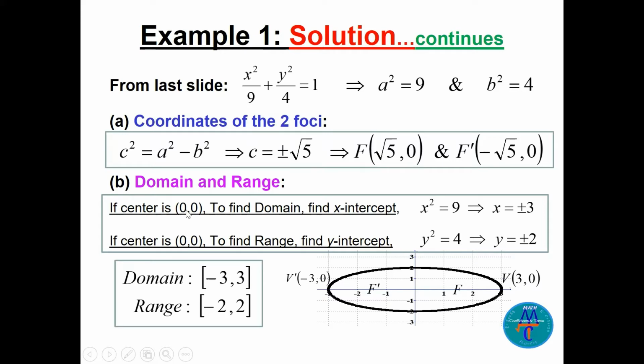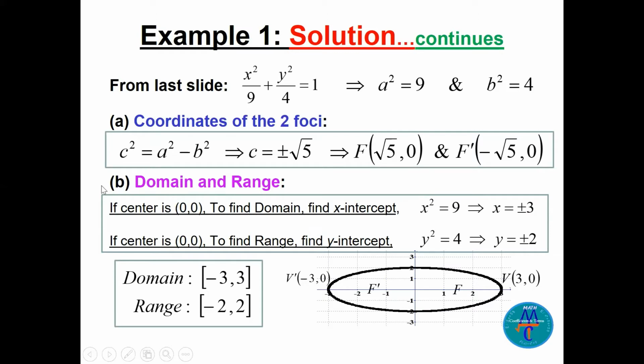Now for the domain and range, there's a nice formula you can remember and understand here. If the center is 0, 0 of the ellipse, to find the domain, find the x-intercept. But remember to have center 0, 0. If the center is not 0, 0, maybe 2, 3, maybe minus 1, 5 or something, then I will show you in the coming examples what to do for the domain.